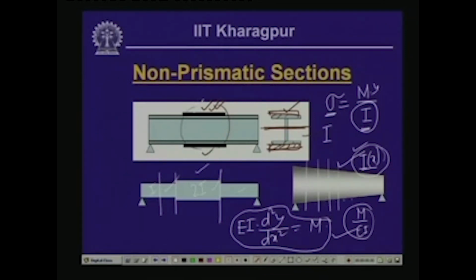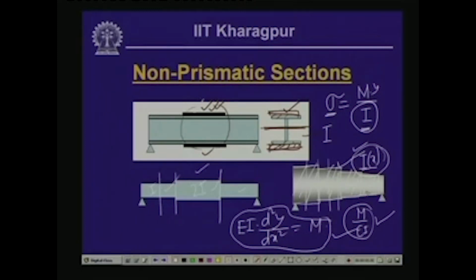Instead of considering this non-prismatic one, for a particular length of the beam we can make it a prismatic one, and thereby we can think that this particular section is composed of several prismatic parts, and for each region we can evaluate the M by EI diagram for this beam segment-wise, and we can compute the value of slope and deflection.